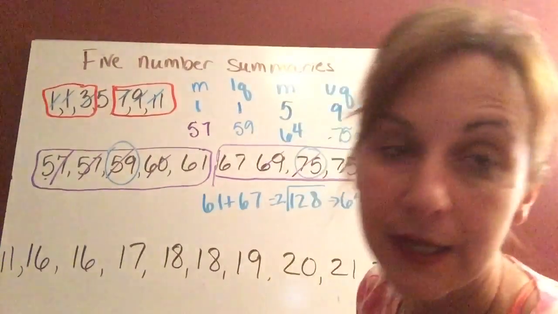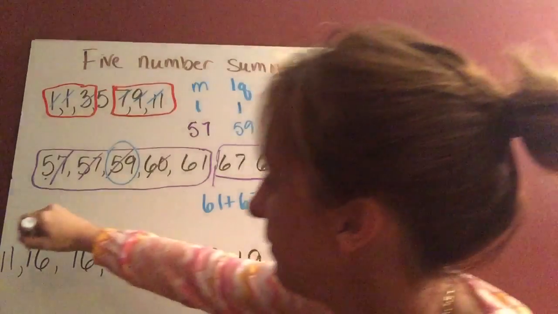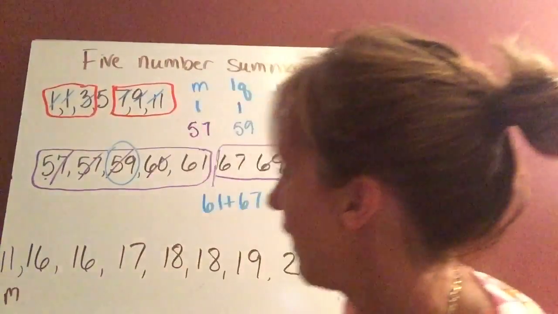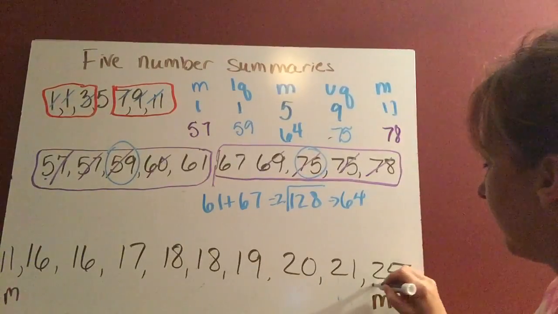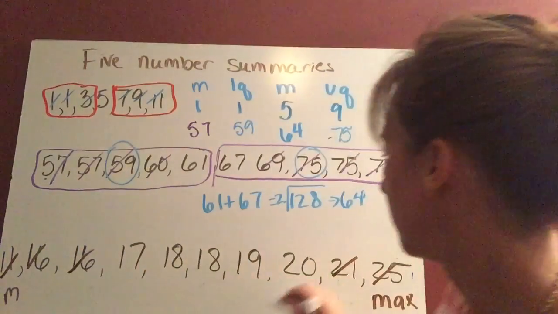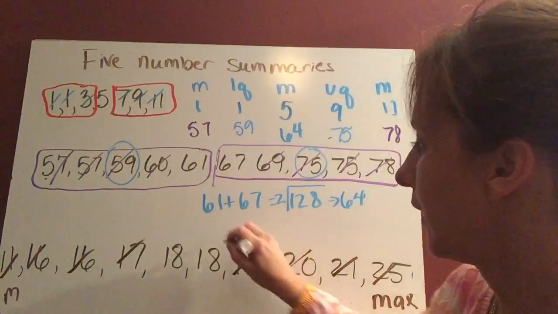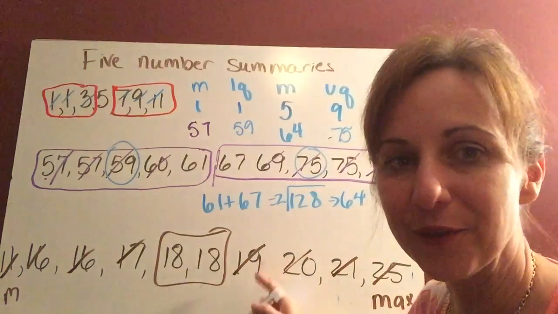Let's do one more together, and then it'll be time to show what you know. Minimum is 11. Maximum is 25. Median, look at that, 2 in the middle, but they're the same.